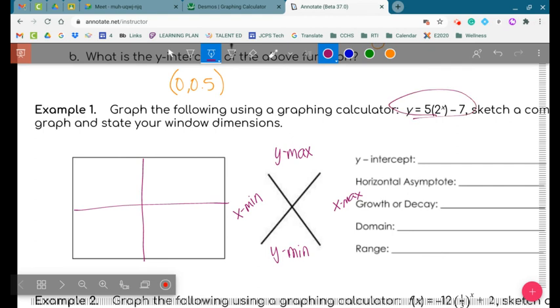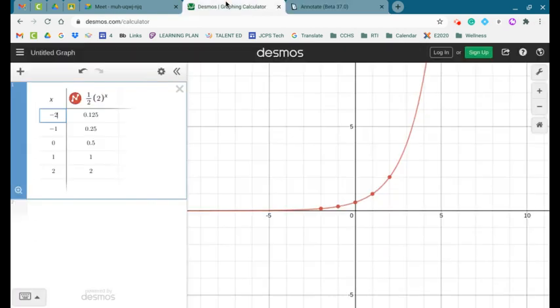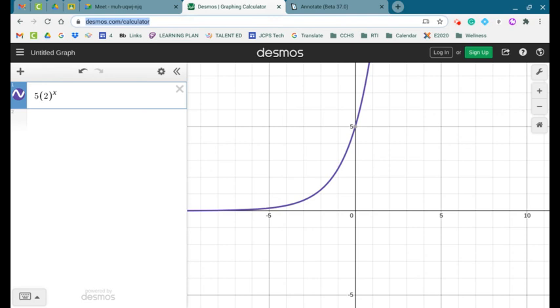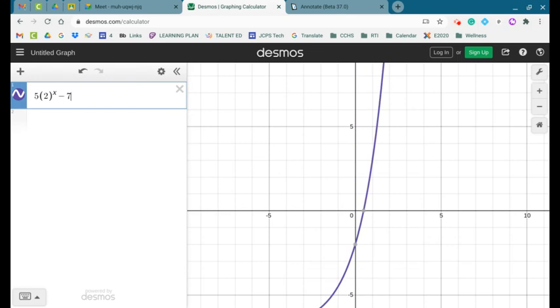So let's graph this function in our calculator or in Desmos. So we have 5 times 2 to the x, and what was it? Minus 7. Okay, so this is our graph.